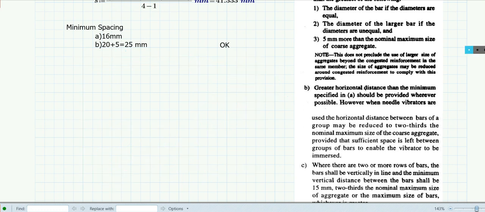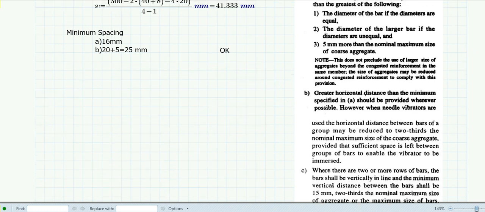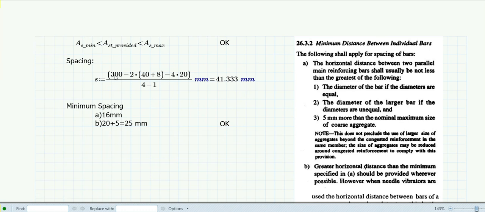Okay, so this same equation has been used here. You can see 300 minus 2 into 40 plus 8, oh sorry, 8 is for the stirrups. I have not drawn the stirrup, but the stirrup is also there. This is the clear cover, this is the stirrup diameter, then that will be subtracted, as well as the diameter of each bar, there are 4 numbers of bars, so that will be subtracted.